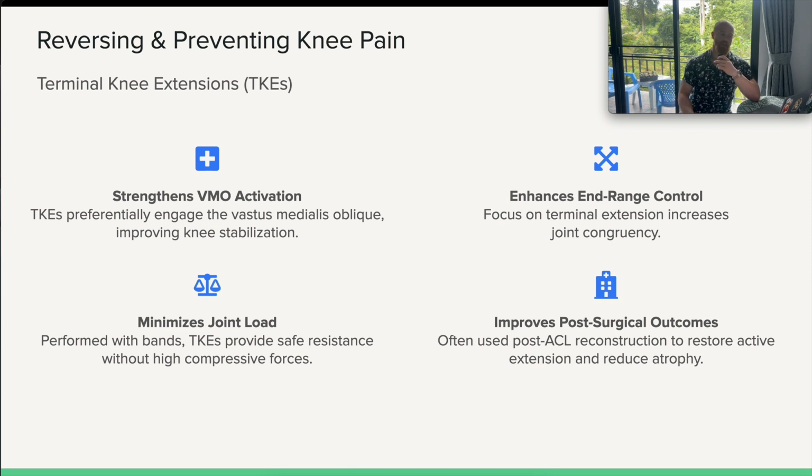So we need to make sure that that itself is strong and it's firing correctly, because like we mentioned earlier about how the glute med, if that's not working, it can cause some shift on the kneecap through the IT band. This can also be the same with the VMO. So if the VMO is not firing right, we could be causing shift to one side or the other because it's an imbalance.